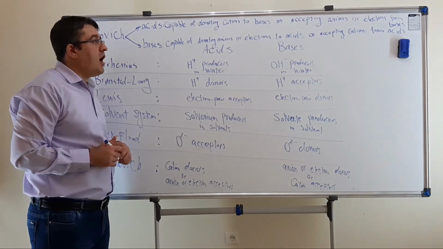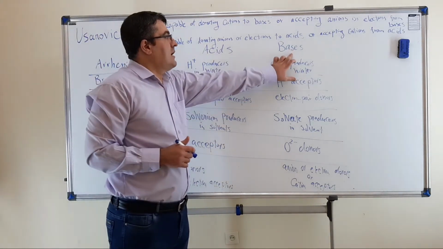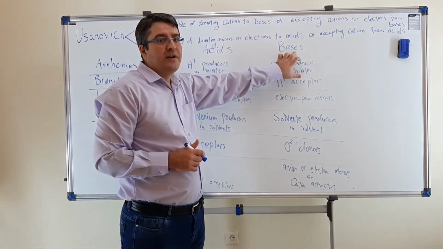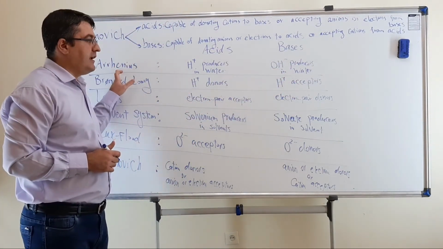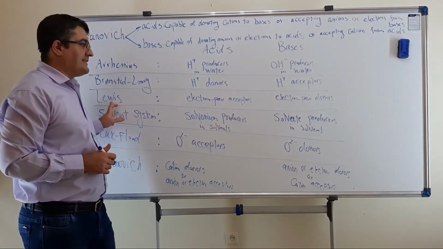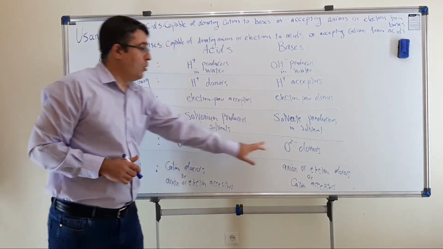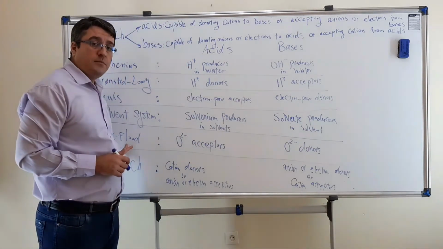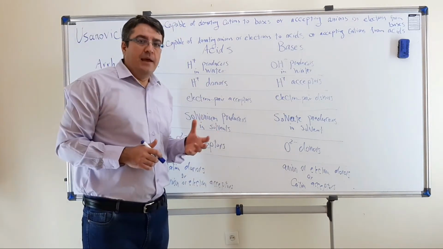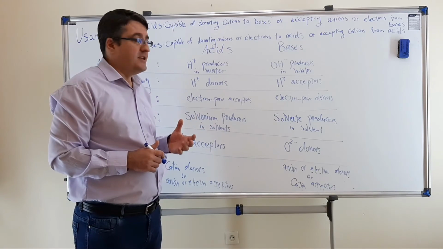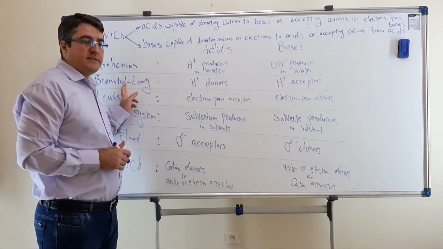On the other hand, in all of these acid-base theories, bases donate anions or electrons: OH minus in water in Arrhenius acid-base theory, electron pair in Lewis acid-base theory, solvate in solvent system acid-base theory, O2 minus in Lux-Flood acid-base theory. Or bases accept cations or positive species: H plus in Bronsted-Lowry acid-base theory.